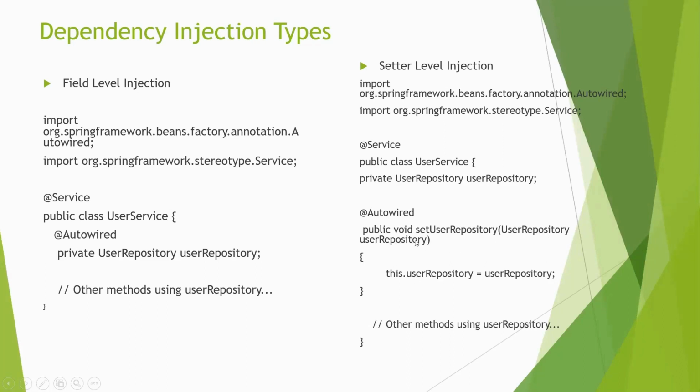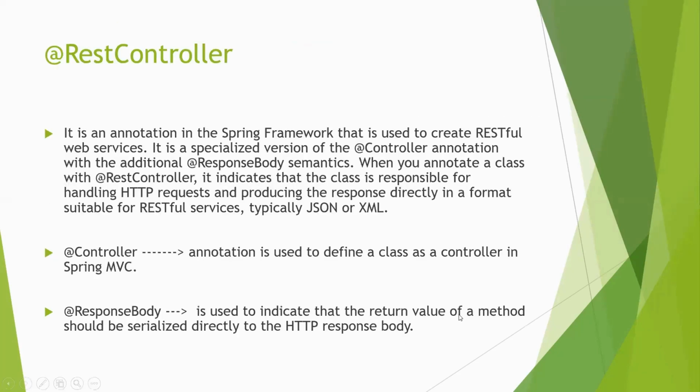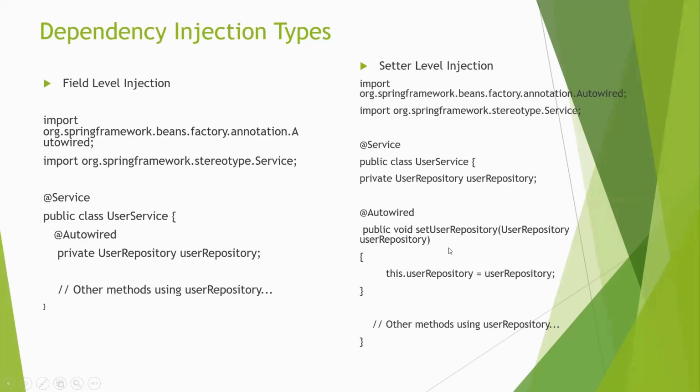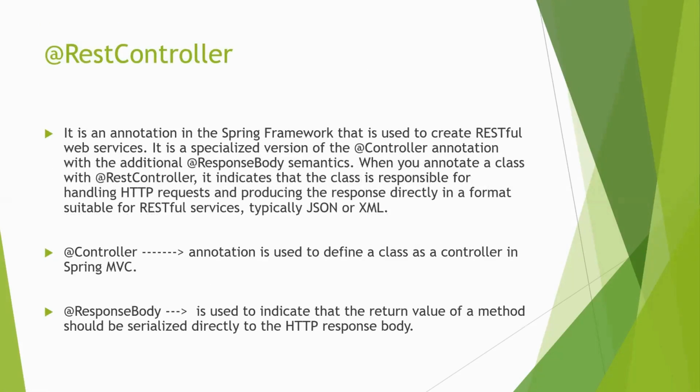Inside setUserRepository, we initialize the userRepository, and it is annotated with @Autowired. Finally, other methods use the userRepository, which means here we can write our business logic using the user repositories. And the REST controller.